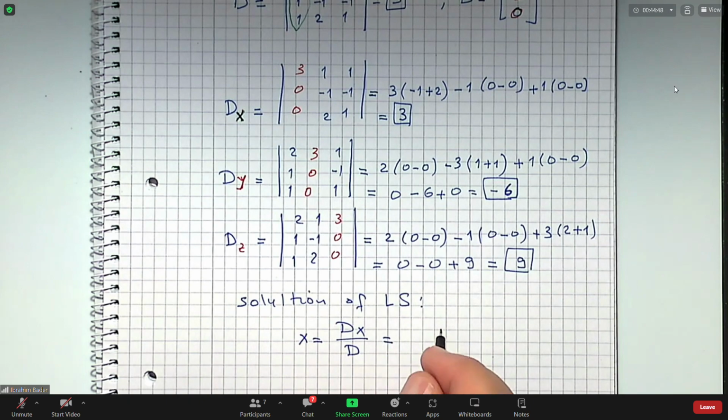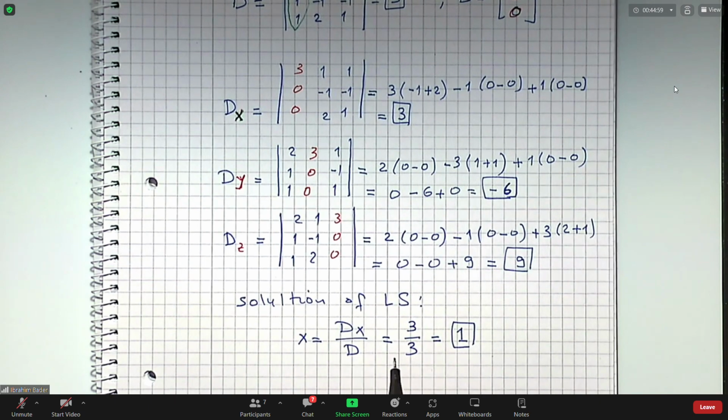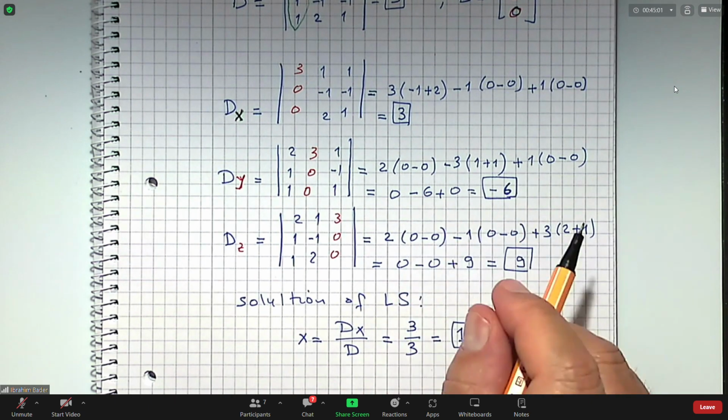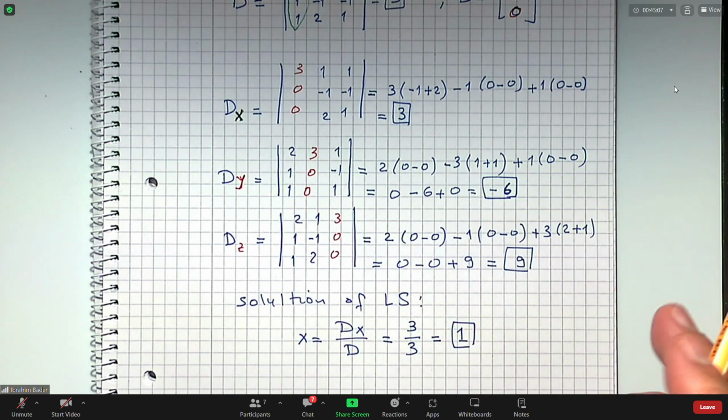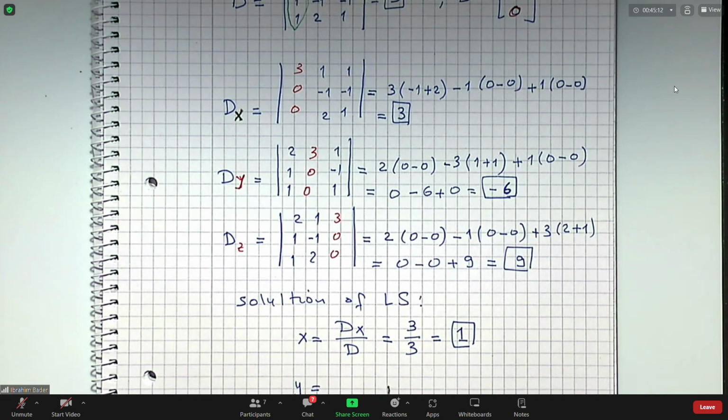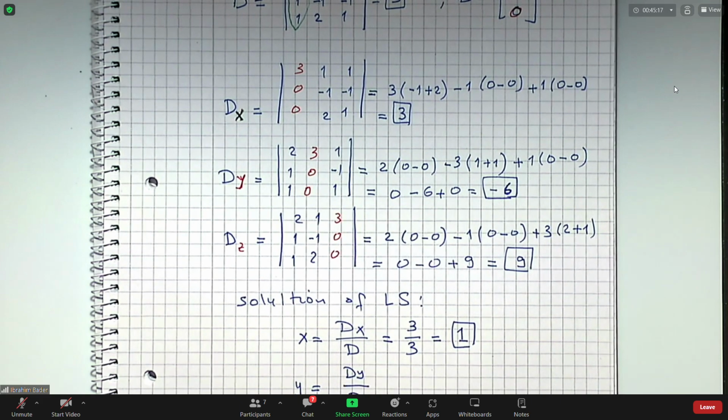Notice that everything is divided by d. So here I have both were 3. So 1 is the value for x. And here, I hope you see why we require that the determinant d of the coefficients is non-zero, because you are dividing by this all the time. So y is equal to d sub y over d, and this is equal to -6 over 3, and this is -2.